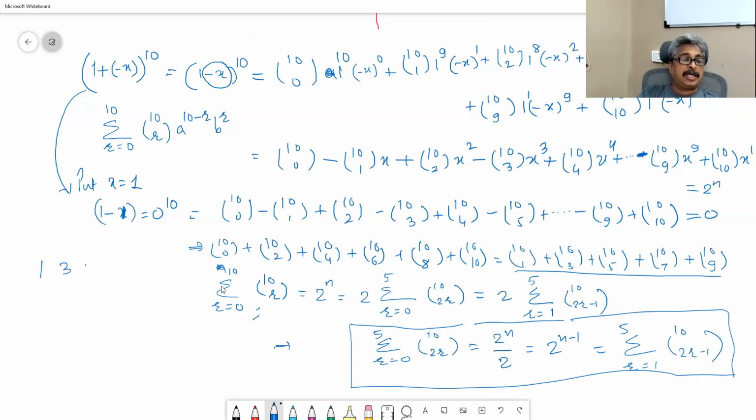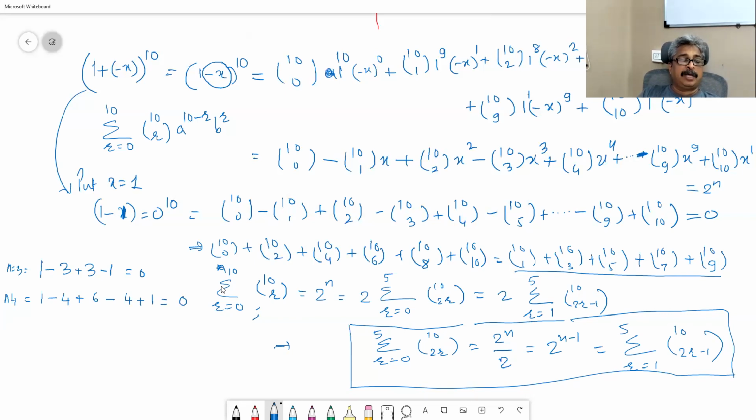1, 3, 3, 1. If n is equal to 3, we get binomial coefficients like this. So 1 minus 3 plus 3 minus 1 add up to 0. If n is equal to 4, our binomial coefficients are 1, 4, 6, 4, 1. If first one positive, second negative, third positive, fourth negative, fifth positive, still they add up to 0.